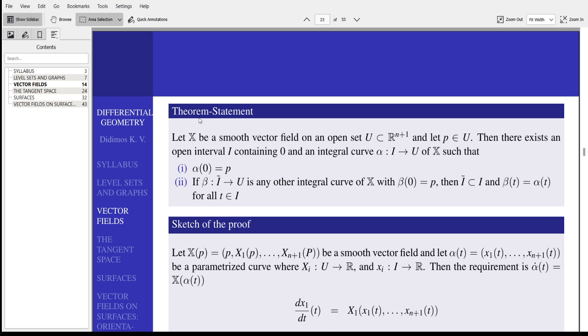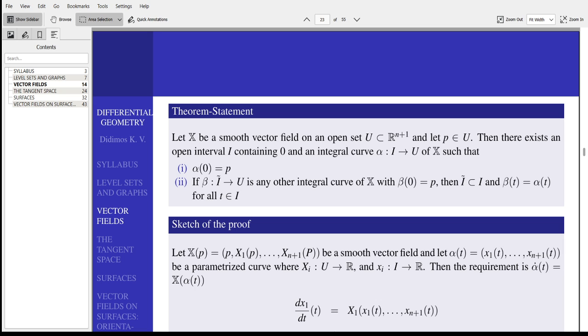Another important thing is how to get this maximal curve. If there exist two such solutions for this system of differential equations, say alpha 1 defined on some I1 and alpha 2 defined on another interval I2, both containing 0, then there should be overlapping intervals.